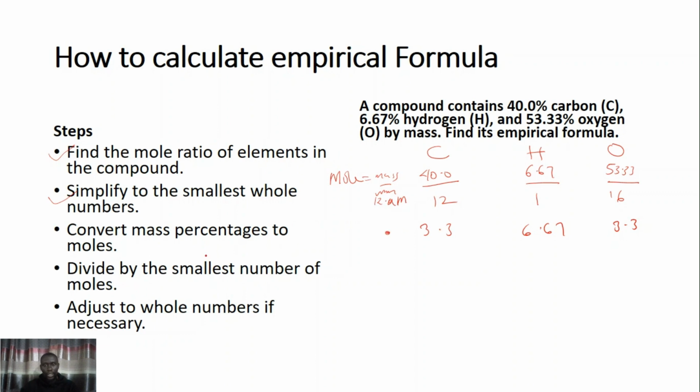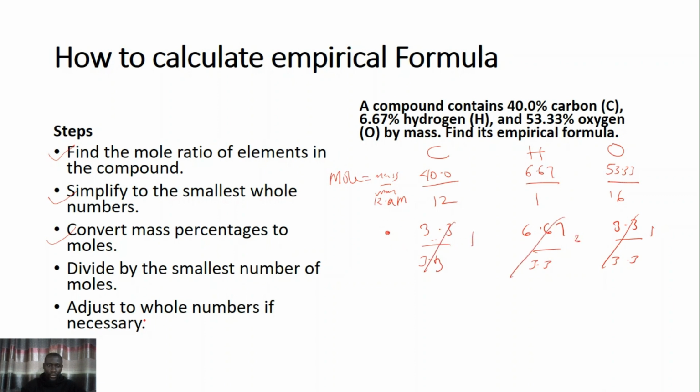Okay, now the next step is to divide by the smallest number of moles. The smallest number of moles here is 3.3. So we divide this one by 3.3, and this one by 3.3. So this one will be 1, this one will be 2, and this one will be 1.